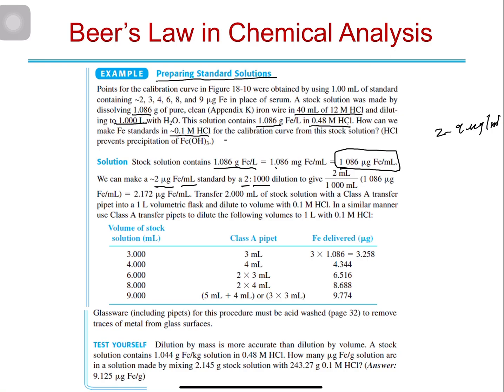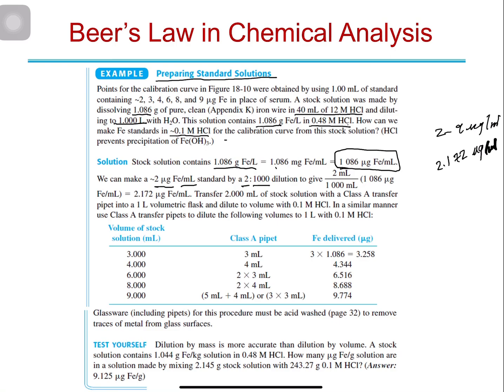1086, not exactly 1000. So when you take 2 ml from the standard solution and you dilute this into 1 liter, the concentration will be actually 2.172 microgram per ml.